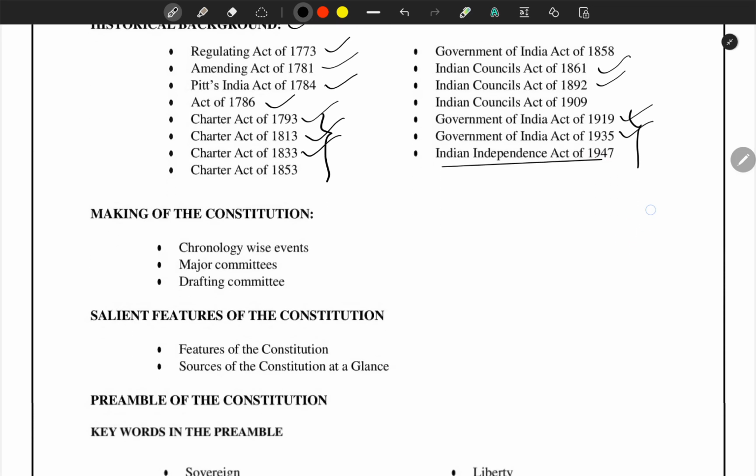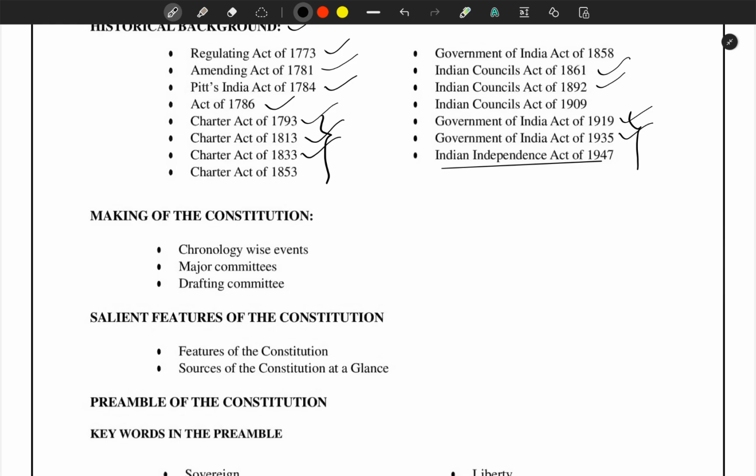Other topics that we will be covering are the making of the constitution, the chronological events, and major committees. We will be dealing with major committees that were formed during the formation of our constitution.